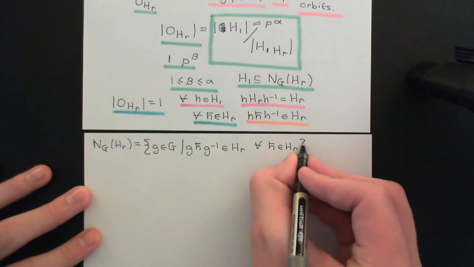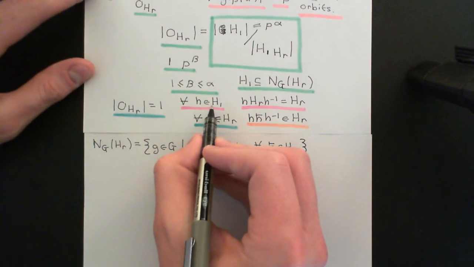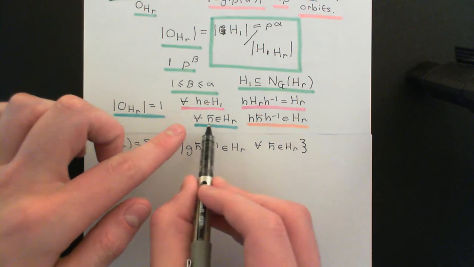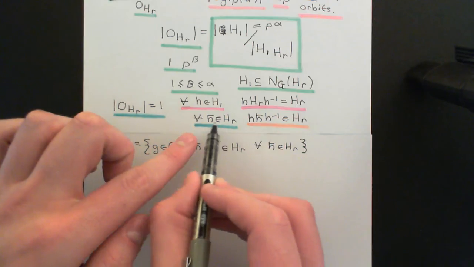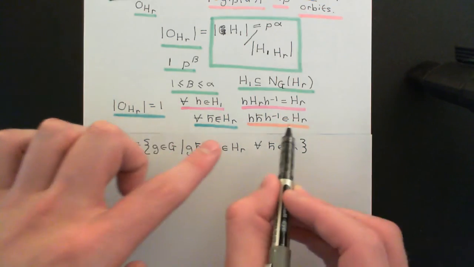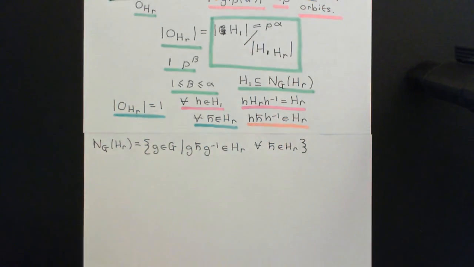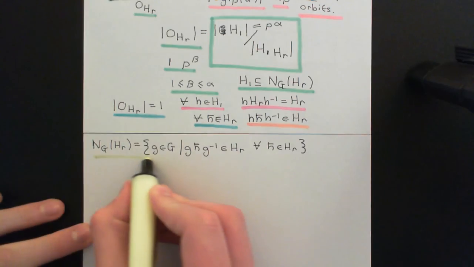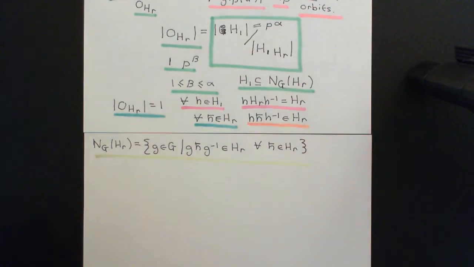And that's exactly what I've just said about all of these elements of capital H1. All of them will conjugate absolutely all of the elements of capital HR to give back another element in capital HR.